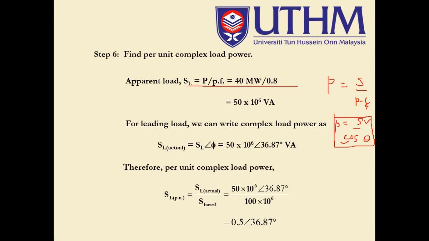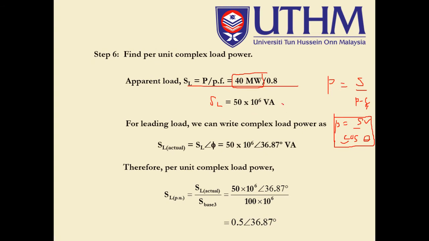Okay. So P real power, again, if you see in your diagram, it is provided over there. It is 40 megawatt over 0.8 power factor, and giving us the apparent load SL 50 MVA.